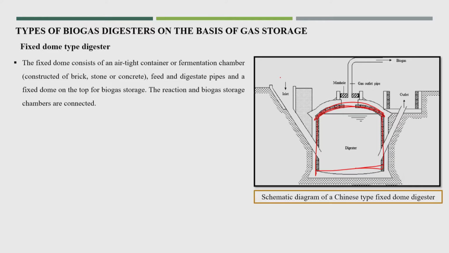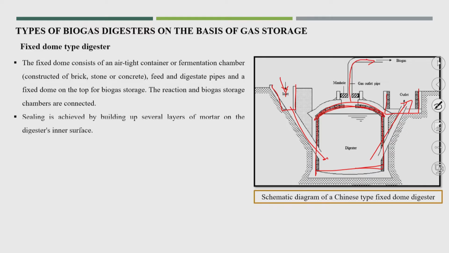This is the inlet and this is the outlet. At the top you will find the inlet tank and the outlet tank, and this is the fixed dome. From the top, one pipe is inserted into the digestate to get the biogas.